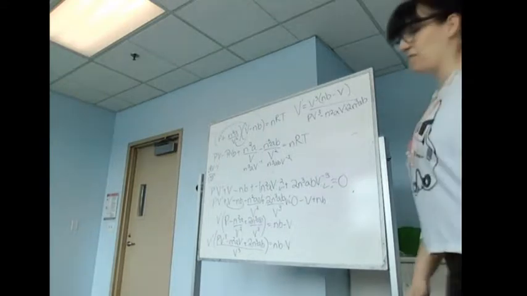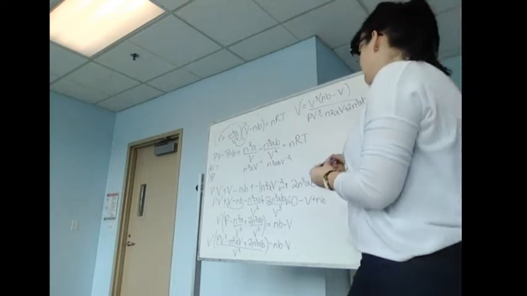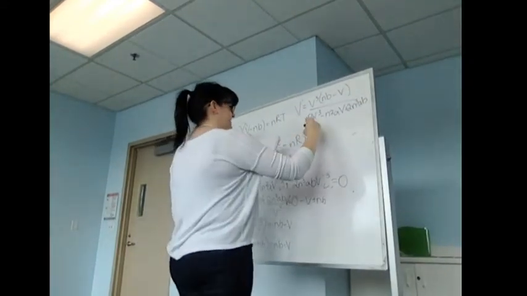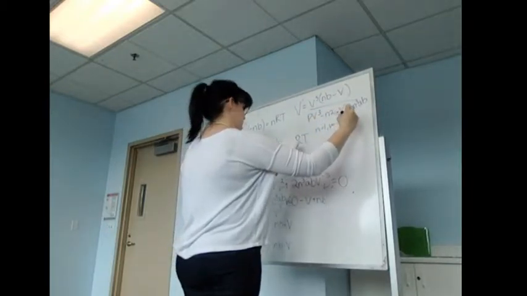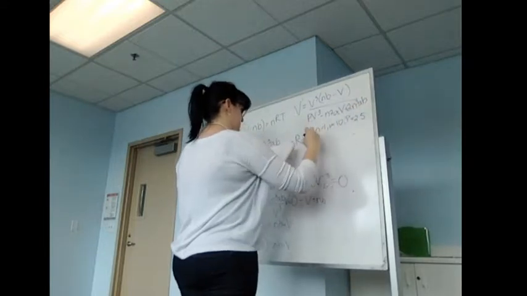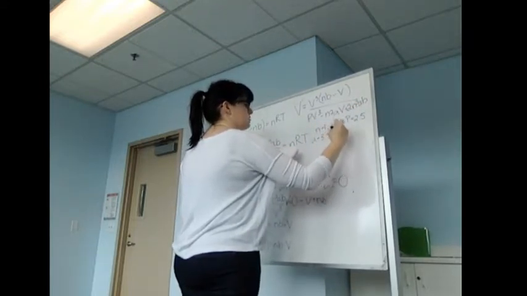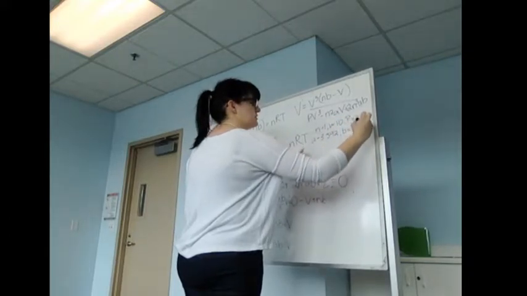And actually, in part B, n is 1, so it's even simpler. Because n is 1, V is 10, P is 2.5, a is 3.592, and b is 0.04267.